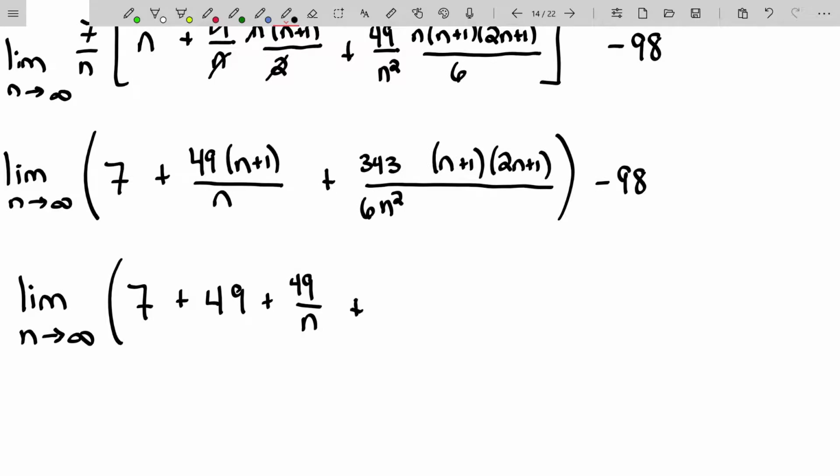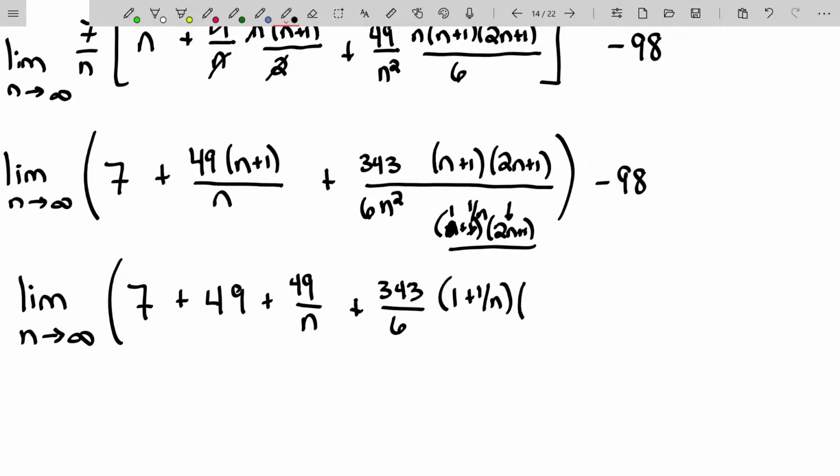And then this guy right here, plus, I'm going to write this as 343 over 6 first. You should see that this is going to be an n plus 1, 2n plus 1 over n squared. If you divide both numerator and denominator by n squared, the denominator will not have an n squared, but the numerator will have, let's see, divide this by n, you have 1 plus 1 over n. Divide the other one by the other n that you were using, that'll be 2 plus 1 over n.